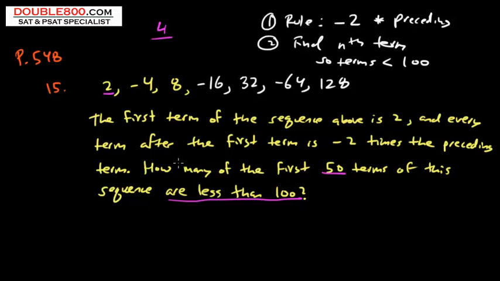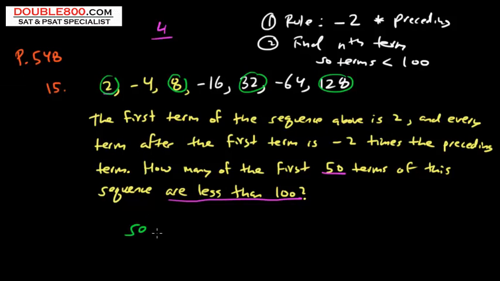This is a reasoning question, and the best way I think to solve this problem is just take a look at the pattern here. It changes the sign, and you should recognize 50 is an even number. We've got 2, 8, 32, 128. Those are all positive. It really alternates.